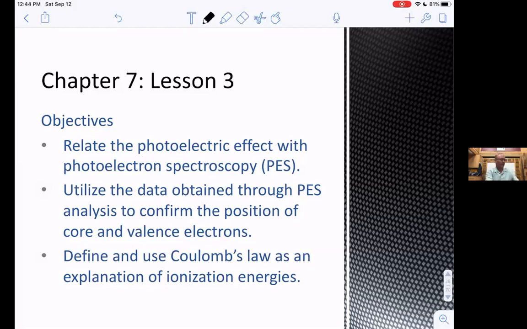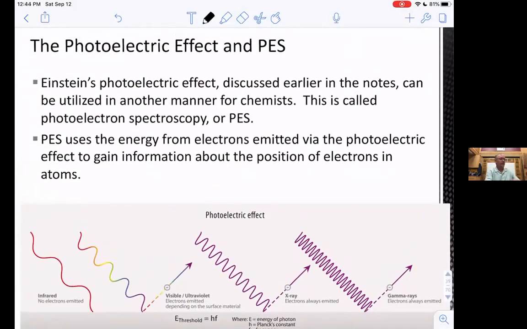Oh, wrong computer. Okay, so the photoelectric effect I discussed with you guys in lesson 1. But the photoelectric effect is determined by the frequency of light that's actually shone on a metal or an object. When it does at a certain frequency, finally expel an electron at that threshold frequency, that electron will be expelled from the atom with a certain amount of energy.